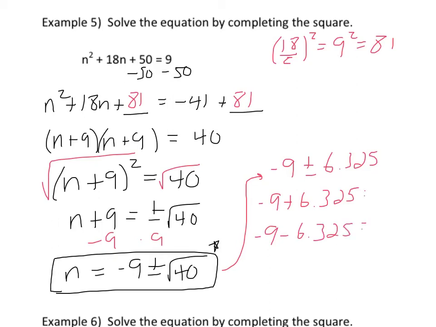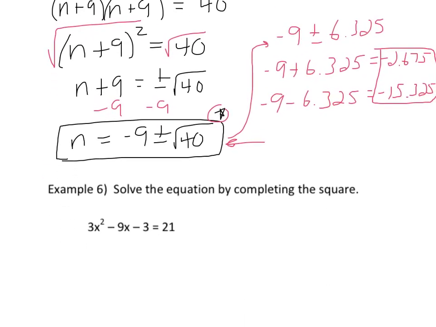If we add them, we get negative 2.675. If we subtract them, we get negative 15.325. Again, these are approximate answers, whereas this is the exact answer. And right now, this is good enough.